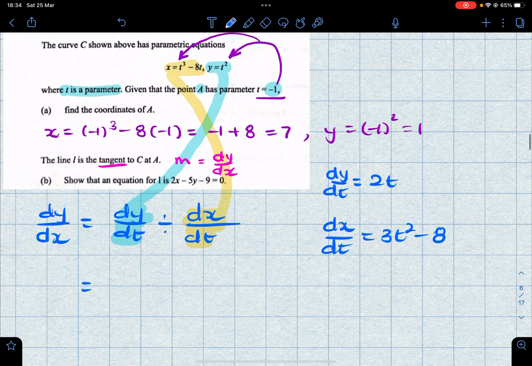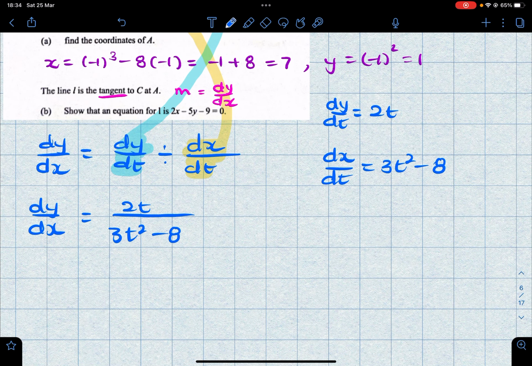And therefore dy by dx will be 2t divided by 3t squared minus 8. So this is dy by dx, but m, the gradient of the tangent, is equal to dy by dx at the point where t equals -1.